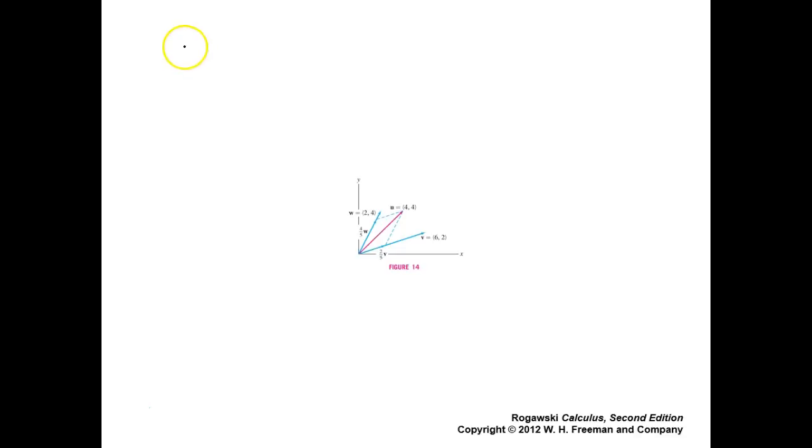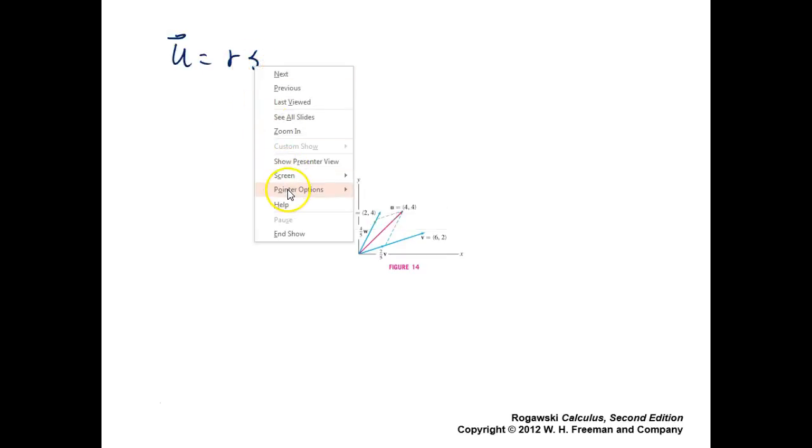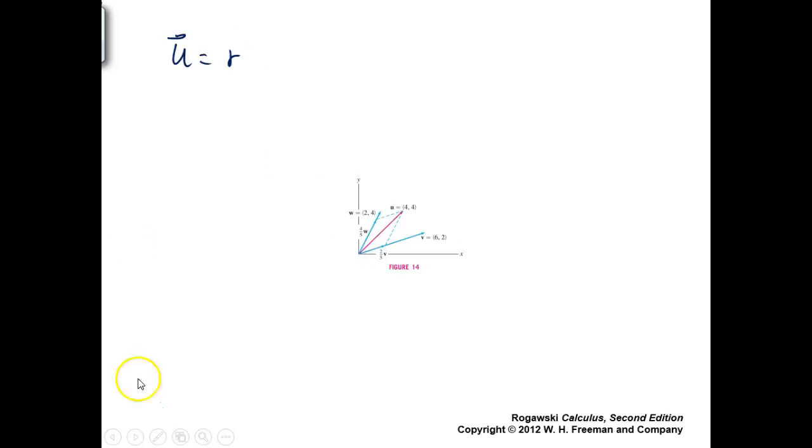Linear combination: u is equal to rv plus sw. That's what it means to be a linear combination.